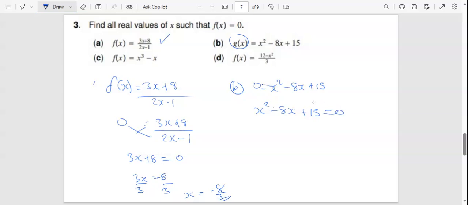Then we are now going to look at the sum and also the factors. So what are the factor and the sum? So numbers that we can multiply to get 15, and when we add, we get negative 8. So I guess those numbers are negative 3 and also negative 5. So when you add these, they'll give you negative 8.